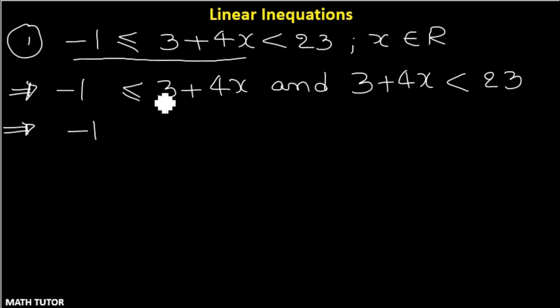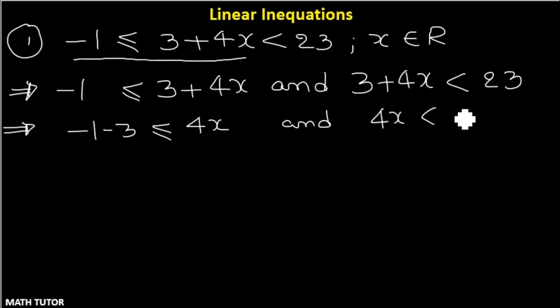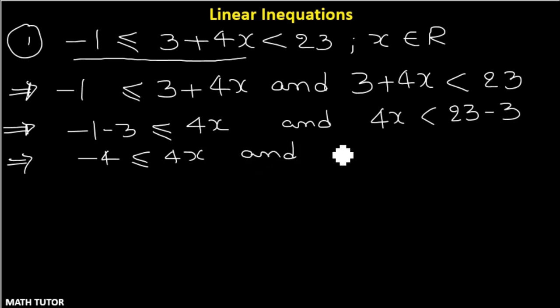Minus 1. This 3 is coming to the opposite side, so it becomes negative, less than or equal to 4x. And here 4x is there. 3 is moving to the opposite side, so it becomes 23 minus 3. Solving now, minus 1 minus 3 becomes minus 4, less than or equal to 4x, and 4x less than 20.